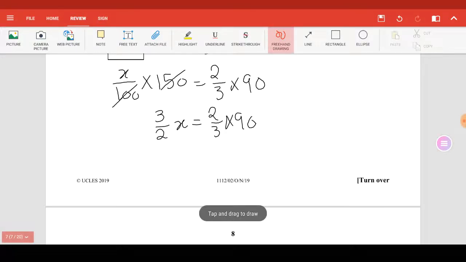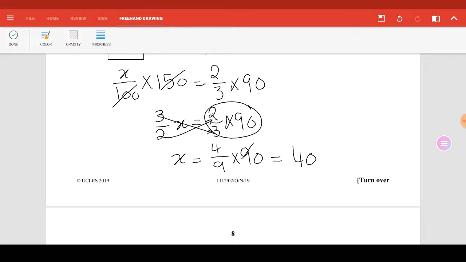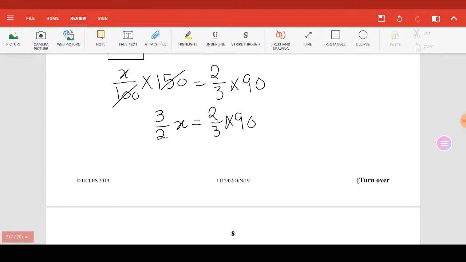You will do simplifying in the next step. x equals, by the way, you can do cross multiplication and this will be 4 over 9 multiply 90. The answer will be 40 when you cancel 90 over 9, giving 10. 4 multiply 10 is 40.